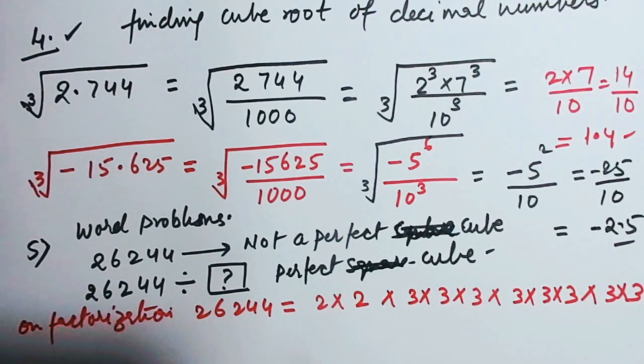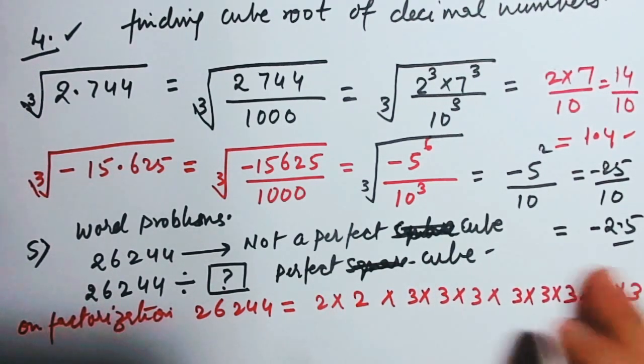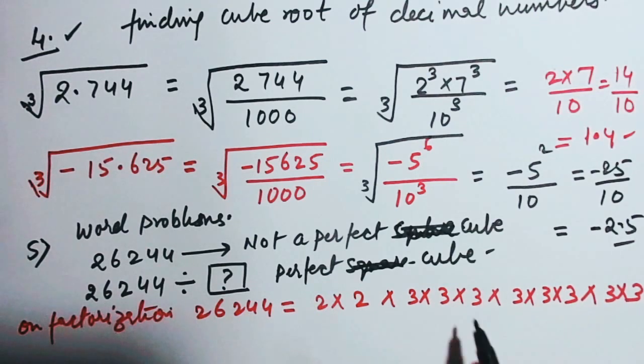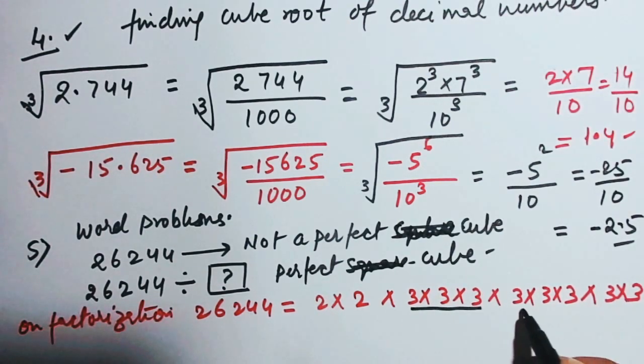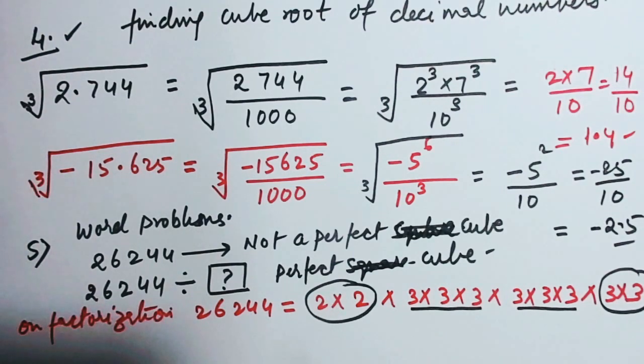Now if a number is a perfect cube, naturally it should have triplets. All the numbers should form triplets. This forms a triplet, this forms a triplet, but this one does not form a triplet, neither does this one. So it is better to kick these two out from the factors.